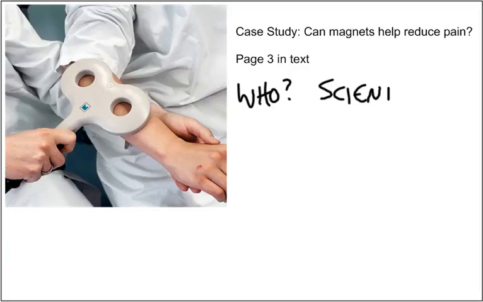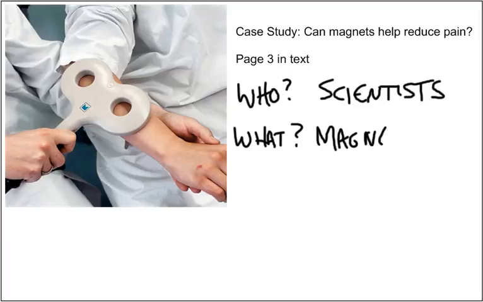And again, this is the beginning of statistics for you. So if you were in the real world, you'd be more specific than scientists. But for right now, you're just asking the question who? Who is gathering the data? The scientists are. And what are they trying to see? They're trying to see, can the magnets reduce pain?